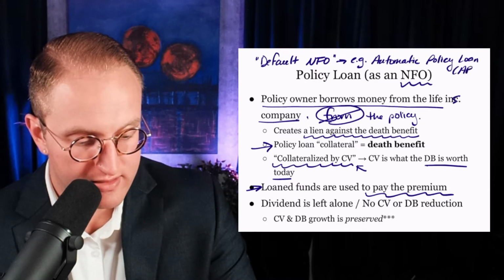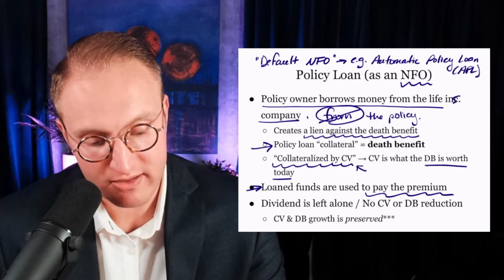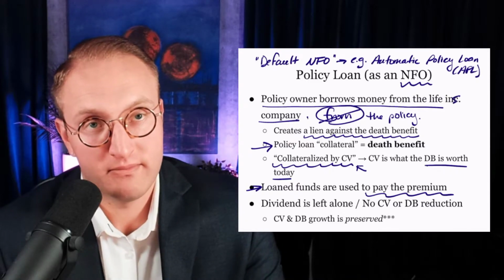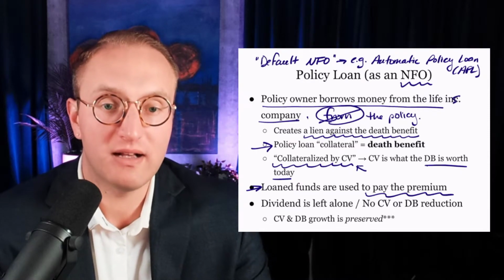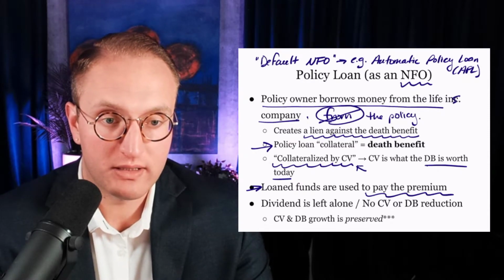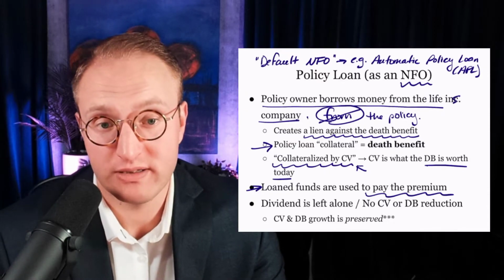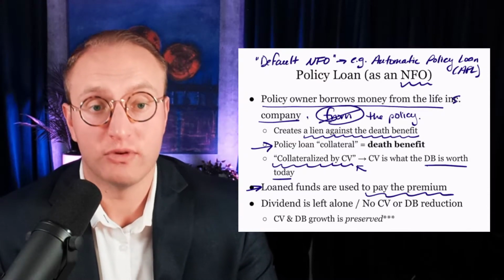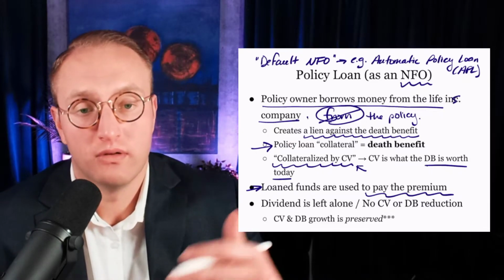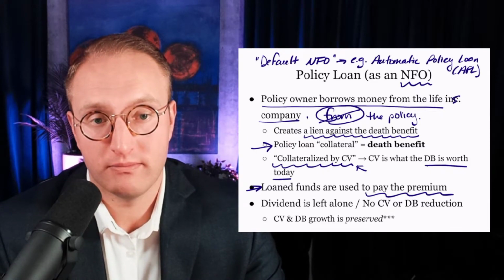And just like it sounds, if you don't pay the premium, company can't get in touch with you, agent can't get in touch with you, rather than let the policy lapse, the company, in the event that there's sufficient cash value, will take a policy loan and use that money to pay the base premium.